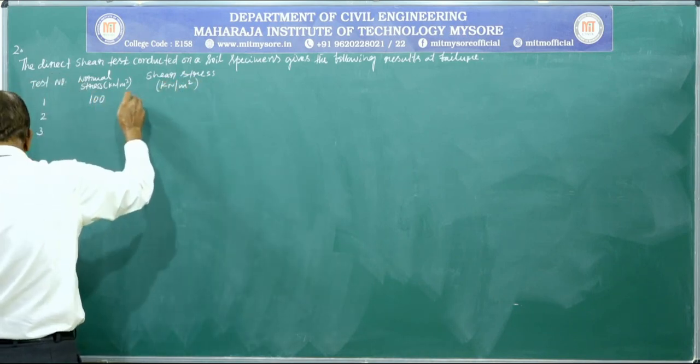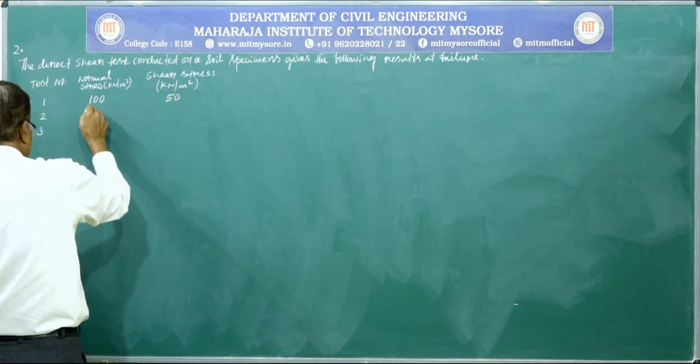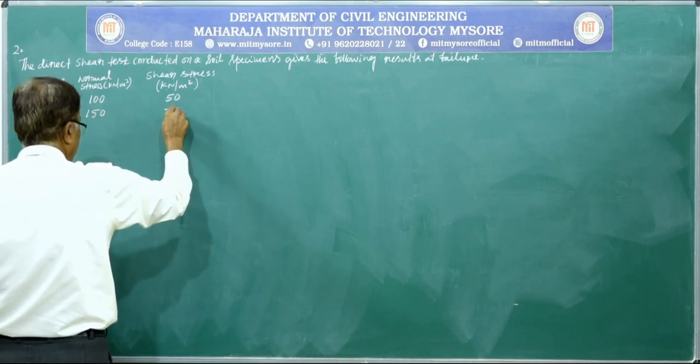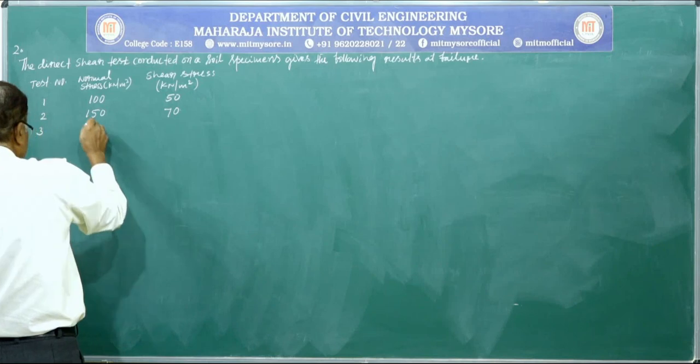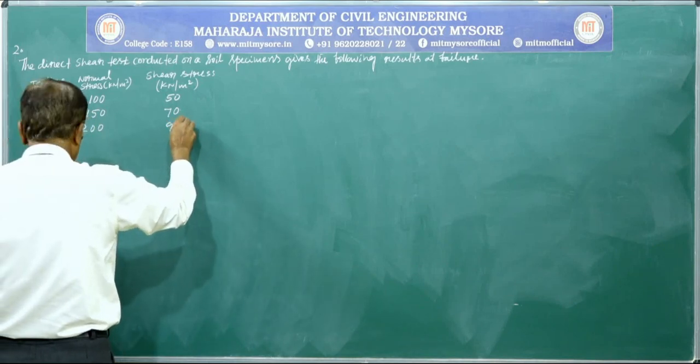Normal stress is 100 and corresponding shear stress 50, normal stress 150, shear stress 70, normal stress 200, shear stress 90.